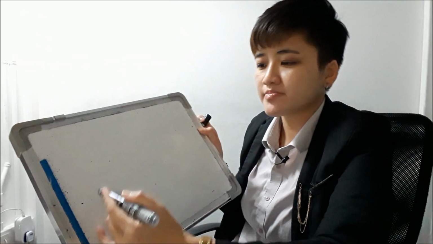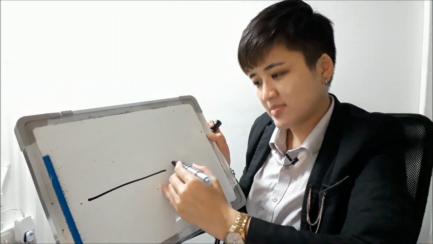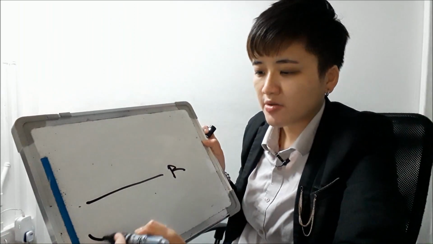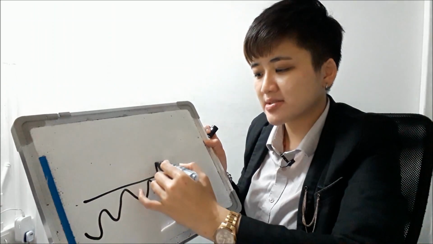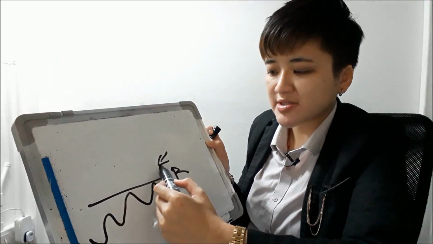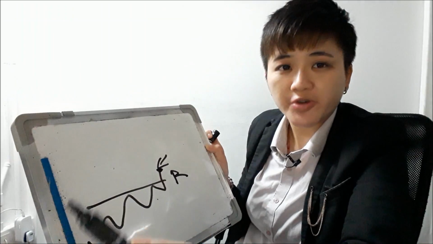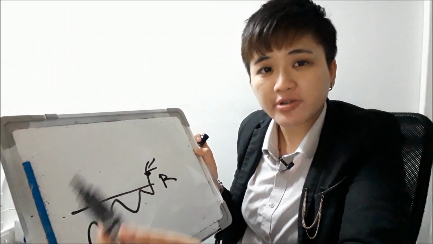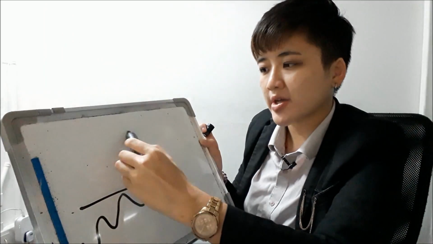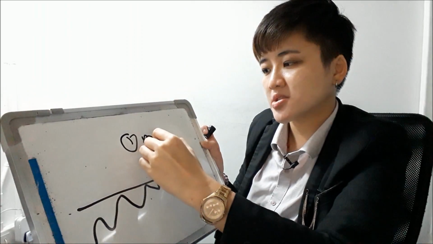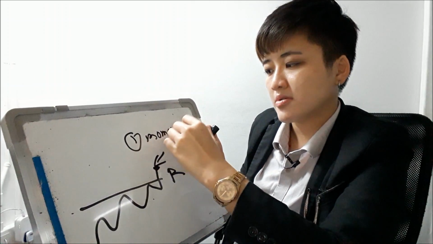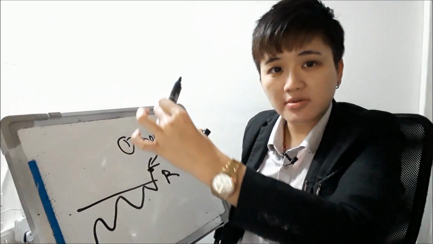Because here's the thing. When you trade breakout, let's say this is resistance. When price breaks this level, you know that it's not a false breakout. Then the next step that you can do is determine whether the market still has momentum to go up.